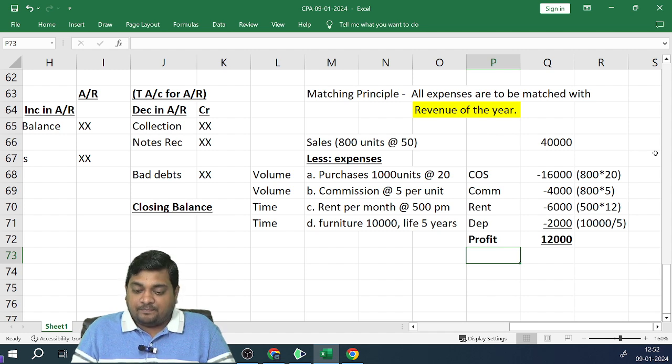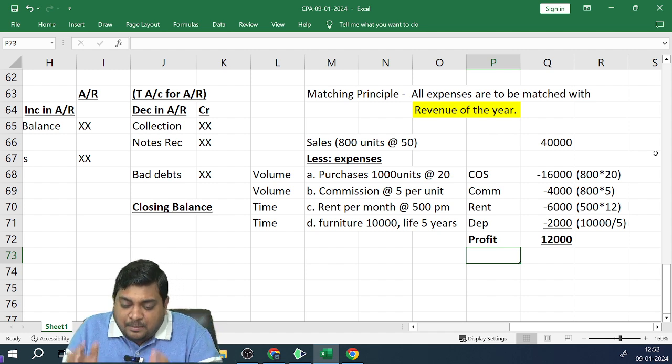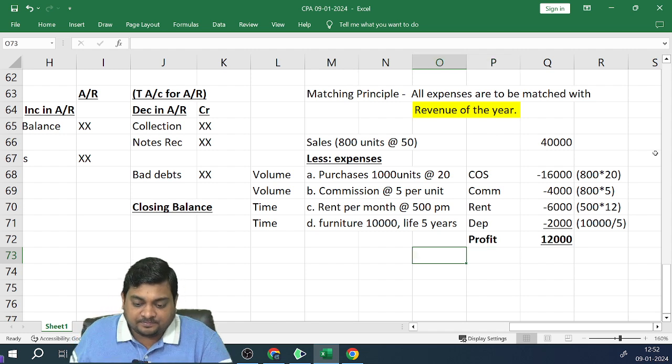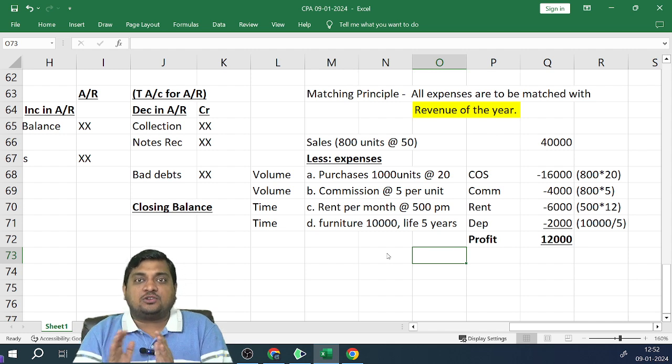Right? Similarly, bad debt expense should also be matched. Similarly, we need to match the bad debt expense also.